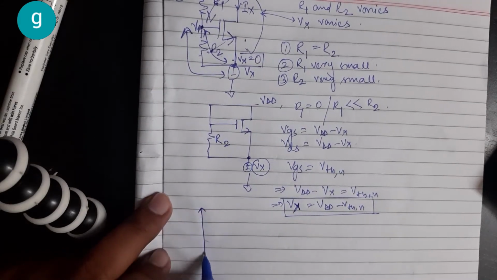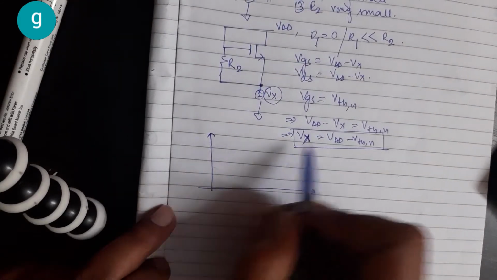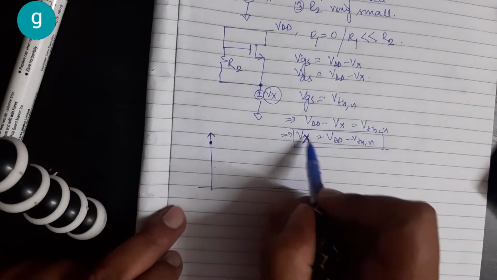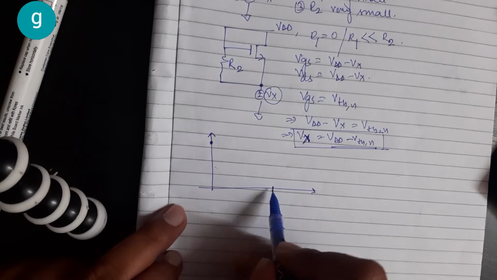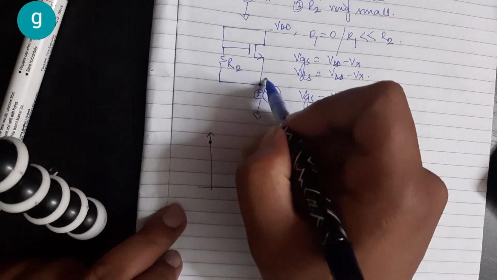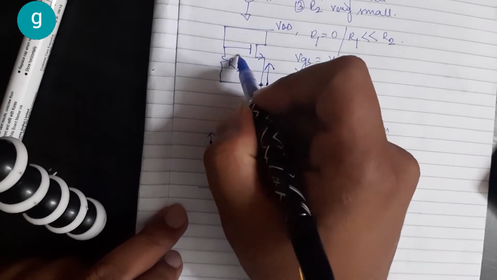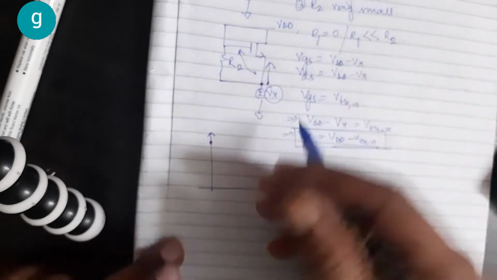So at Vx equals 0, we'll have the maximum current. At Vx equals VDD minus VTHN, we'll have minimum current. And as Vx increases further, the gate to source voltage will be less than the threshold voltage, so the transistor won't turn on.